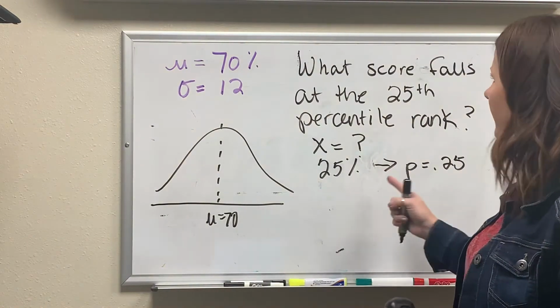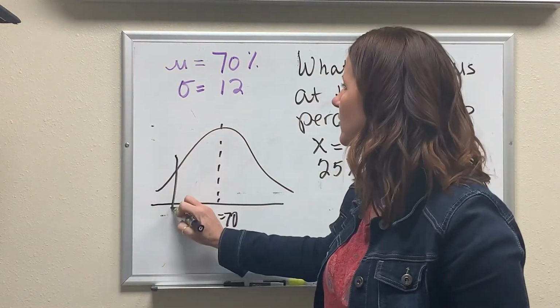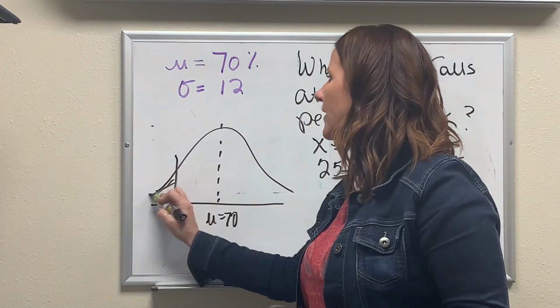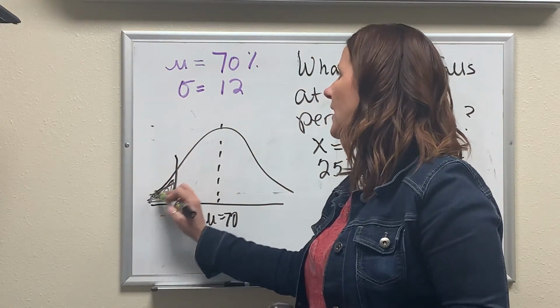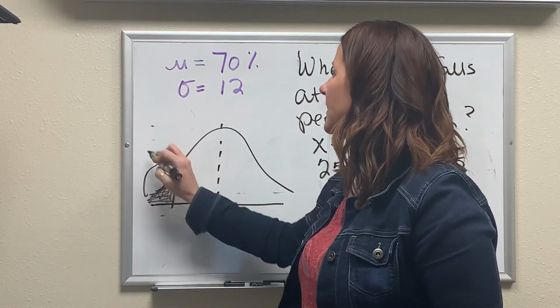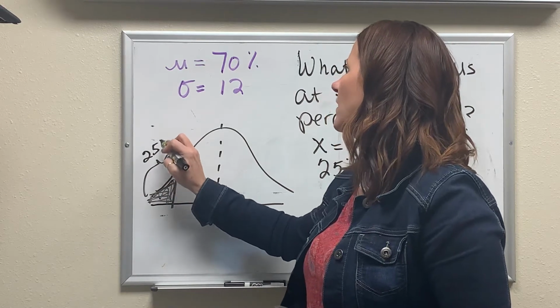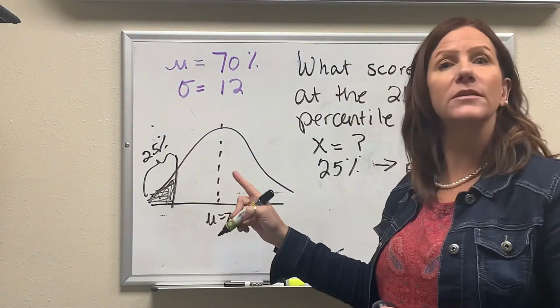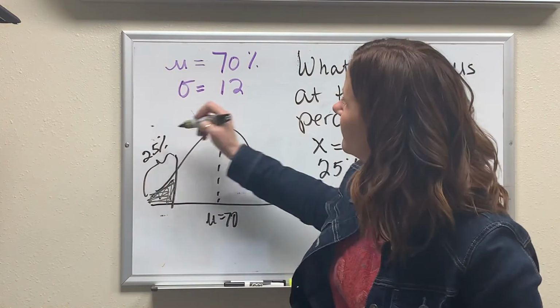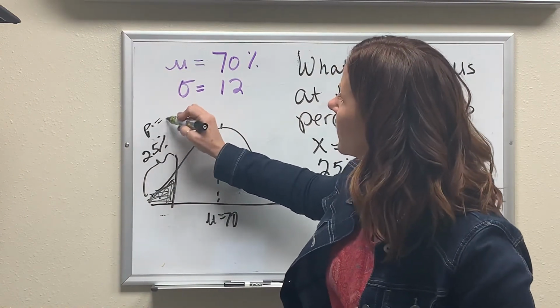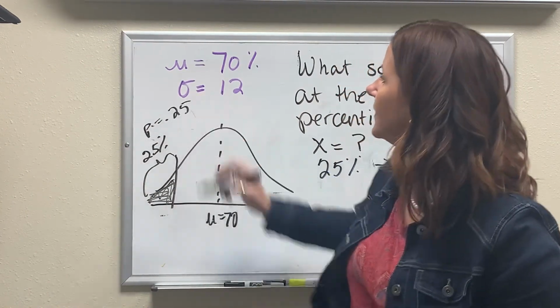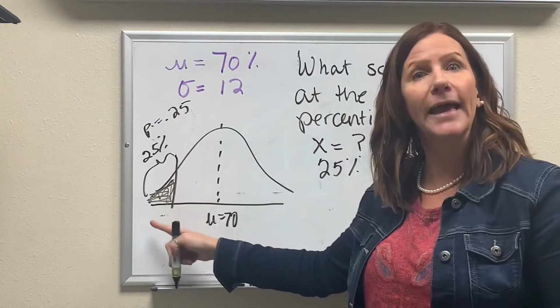So at the 25th percentile, we're looking maybe somewhere down here. So this right here, we're going to say is 25% of the distribution, which is p equals 0.25. So if you notice, that is in the tail.